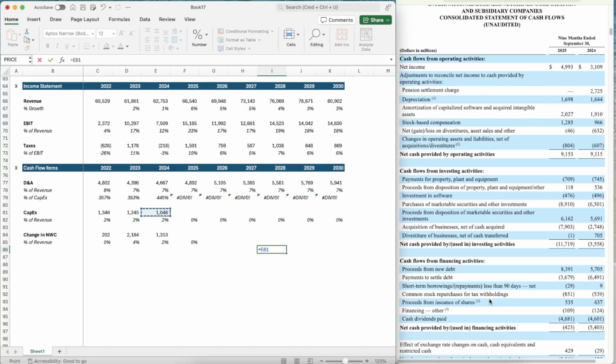CapEx divided by 745. 709 multiplied by 1.4061141.